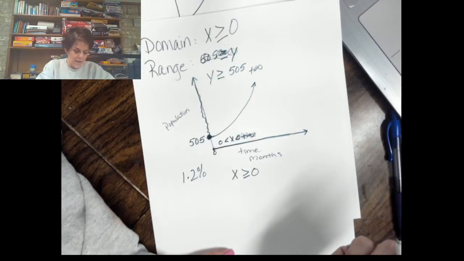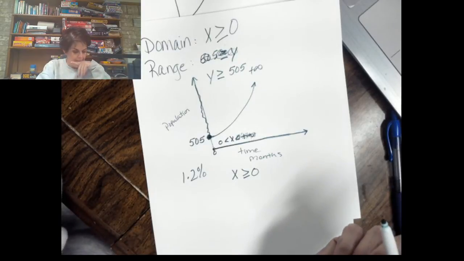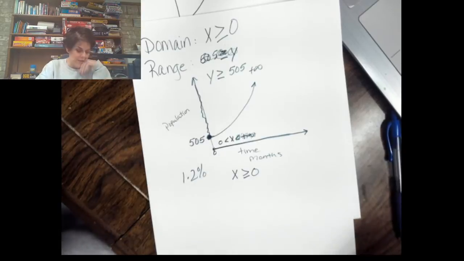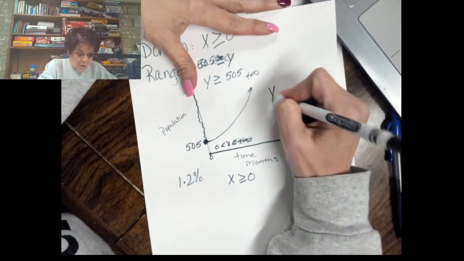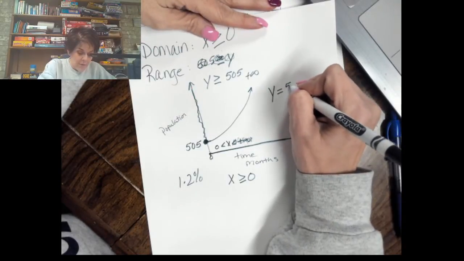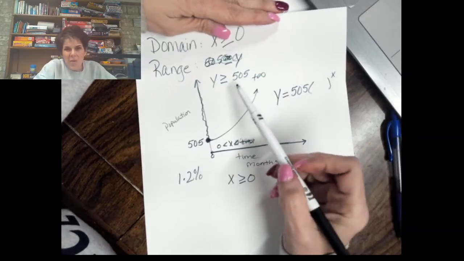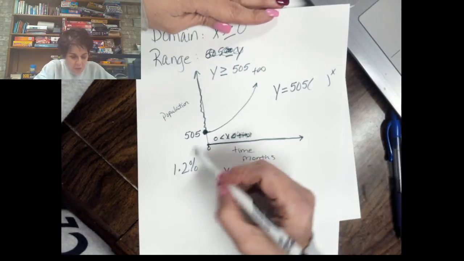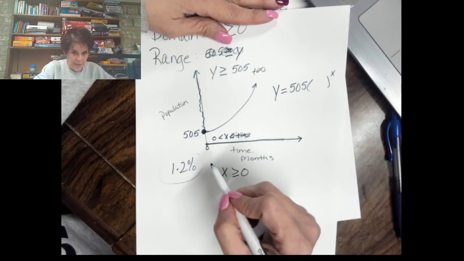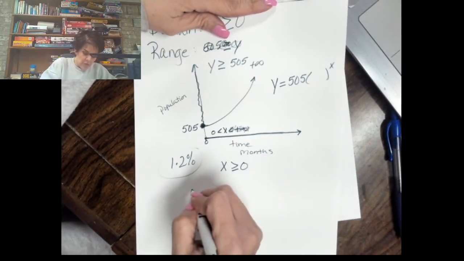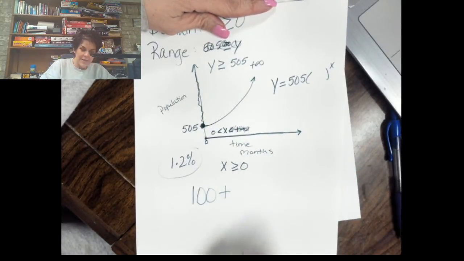Let's see, what else can we say? The asymptote, well, no, we won't do the asymptote because we can't really do that one on this one. We could write the equation though. Y equals the starting amount, which is 505 moose. And then I need to figure out what it's doing. It's growing. Well, it's growing at 1.2%. So remember, if it's growing, we're going to do 100 plus.